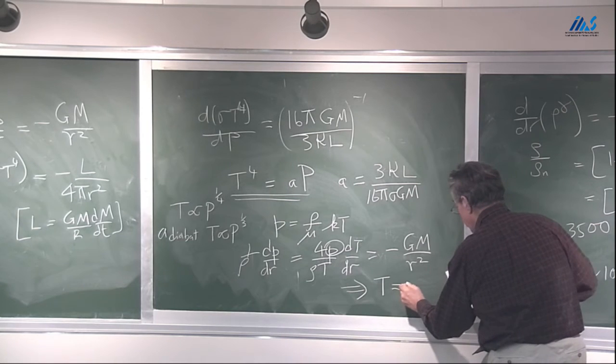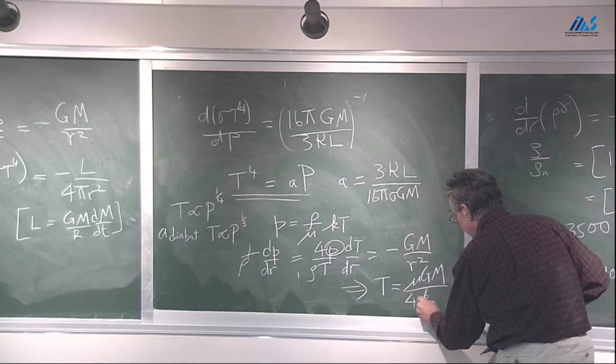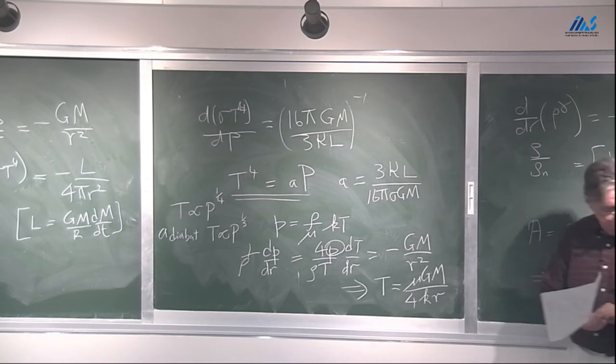It's just mu GM over 4kr, where k, of course, is Boltzmann's constant.